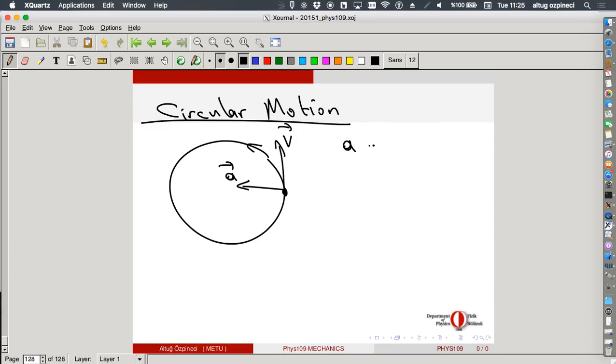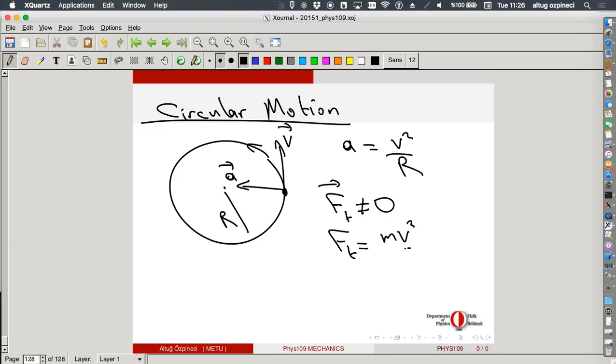Furthermore, we also determined that the magnitude of acceleration is v squared over r, r being the radius. So there is this acceleration. According to Newton's second law, there should be a force acting on my object. The magnitude of the total force should be non-zero, and F should be m times v squared over r.